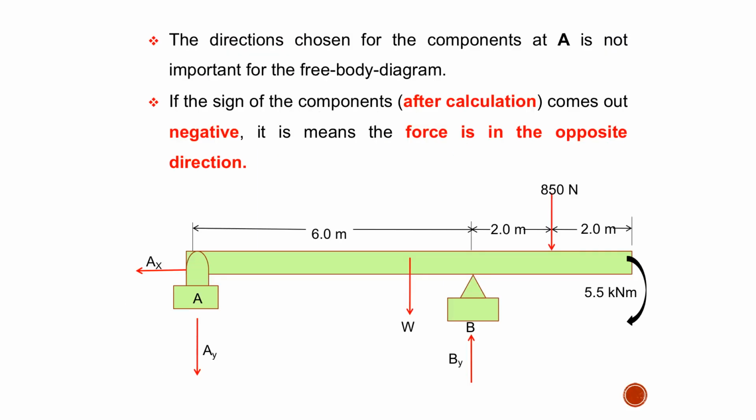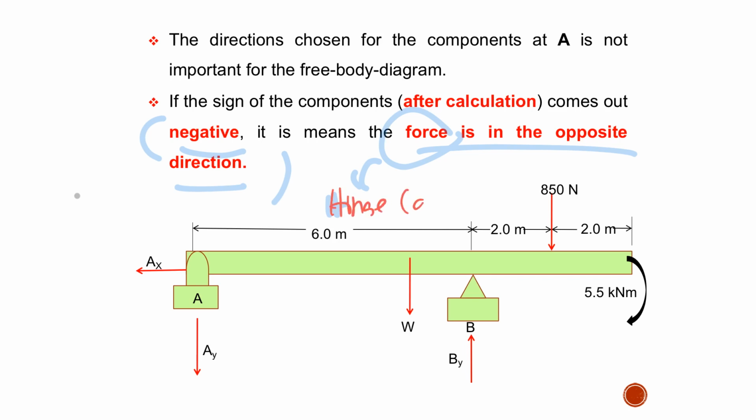Okay, so here I already highlighted. If you get negative, it means the force is in the opposite direction. The force here is at the hinge, which means that it is your assumed force. Please take note, you don't have to fix your diagram, you don't have to make a correction to your diagram.